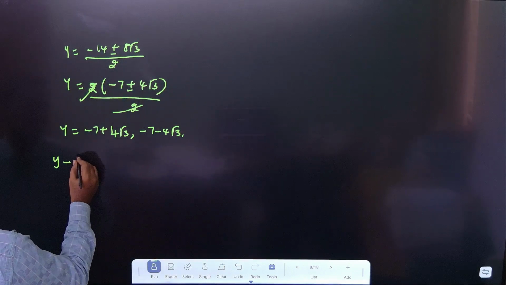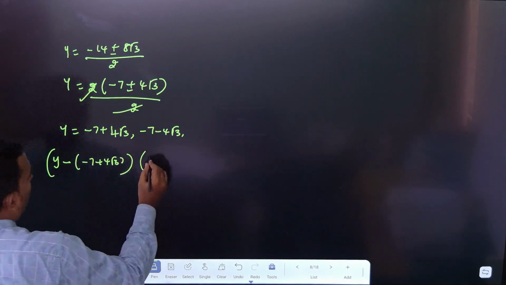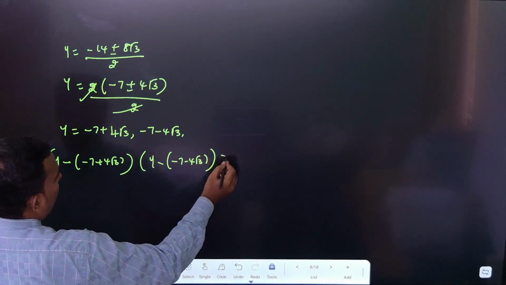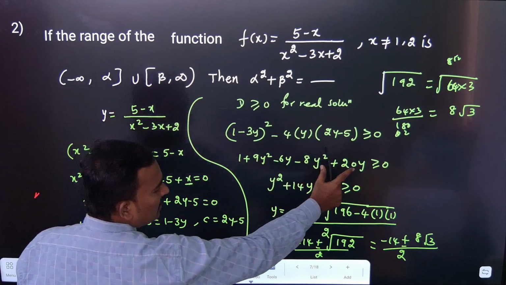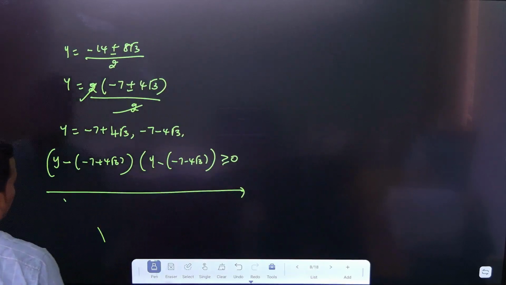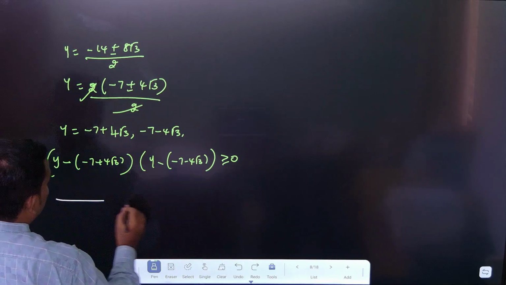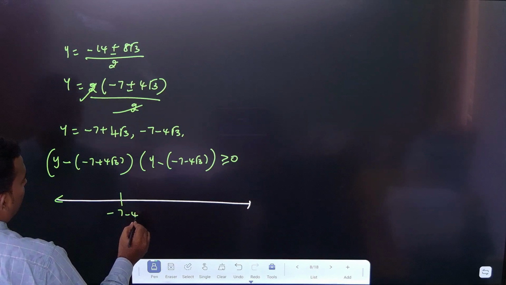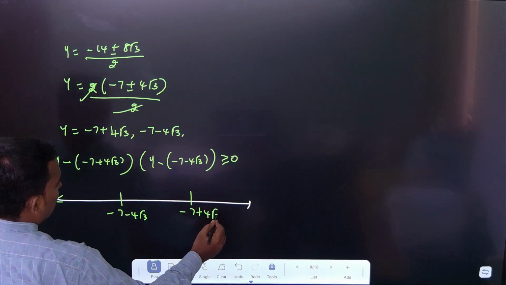Then how to write it in factor form? y minus (minus 7 plus 4 root 3) into y minus (minus 7 minus 4 root 3) greater than or equal to 0, right? We need only that: the whole expression is greater than or equal to 0. Now you can use the wavy curve method. What are the critical points here? Minus 7 minus 4 root 3 here, then minus 7 plus 4 root 3 here.